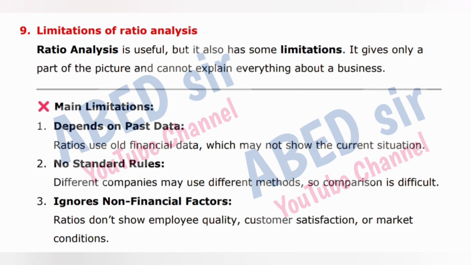Ratios use old financial data, which may not show the current situation. 2. No standard rules. Different companies may use different methods, so comparison is difficult. 3. Ignores non-financial factors. Ratios don't show employee quality, customer satisfaction, or market conditions.